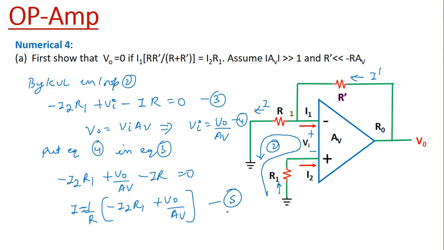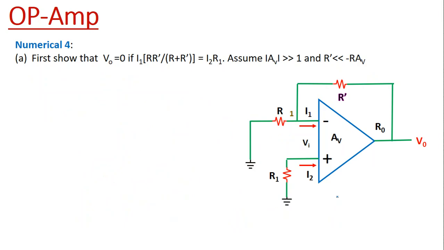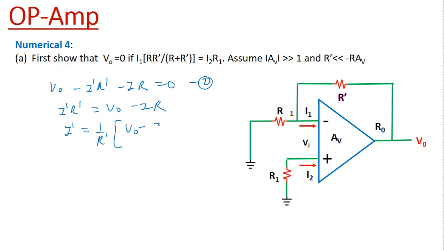Now we put equation number 5 in equation number 2 to find the I dash value. Our equation number 2 was VO minus I dash R dash minus IR equal to 0. From this equation we can find I dash R dash. I dash R dash is equal to VO minus IR, so I dash is equal to 1 upon R dash, the whole multiplied by VO minus IR.